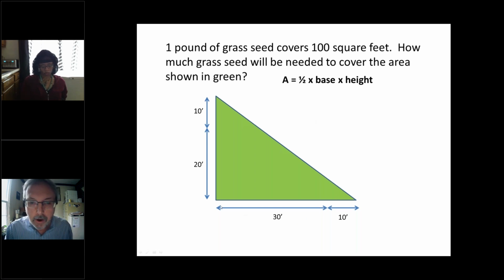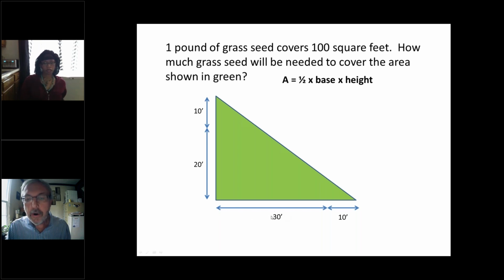So what is the length of the base? 20. Not 20, because we have 30 and another 10. So what would that be? 75.